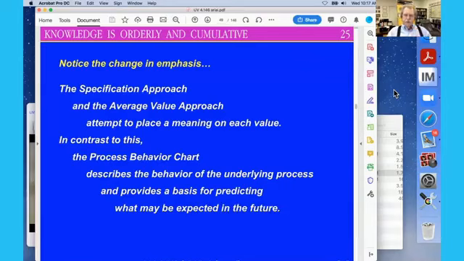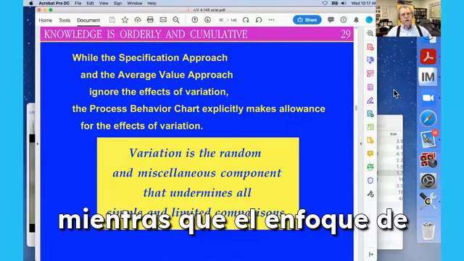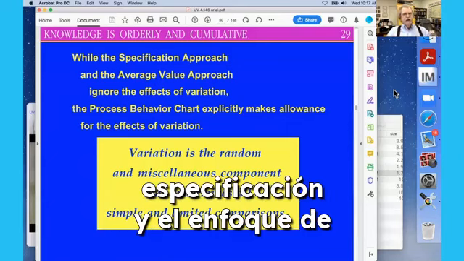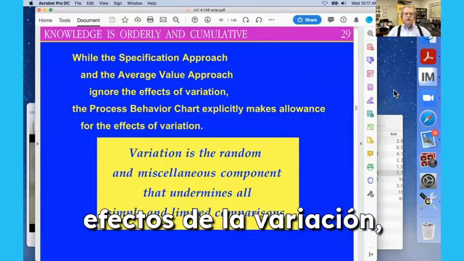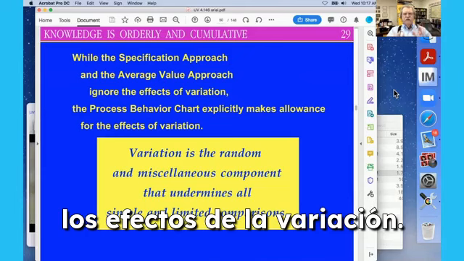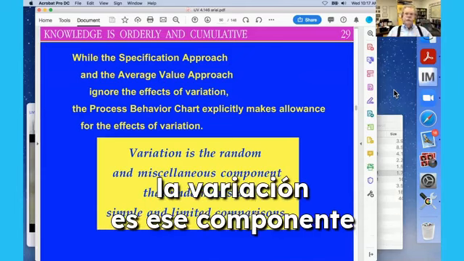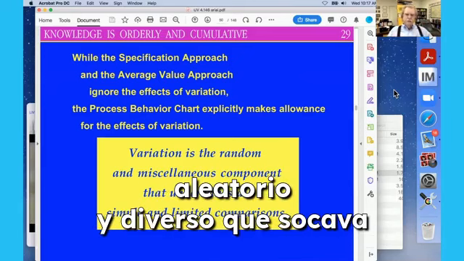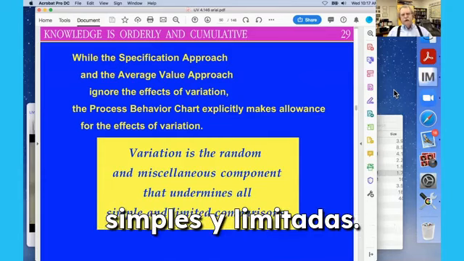On page 29, the specification approach and the average value approach ignore the effects of variation. The process behavior chart explicitly makes allowance for the effects of variation. You see, variation is that random and miscellaneous component that undermines all simple and limited comparisons.